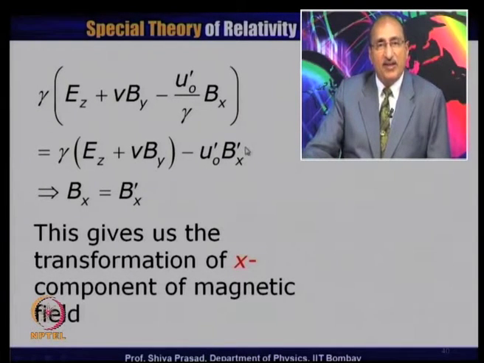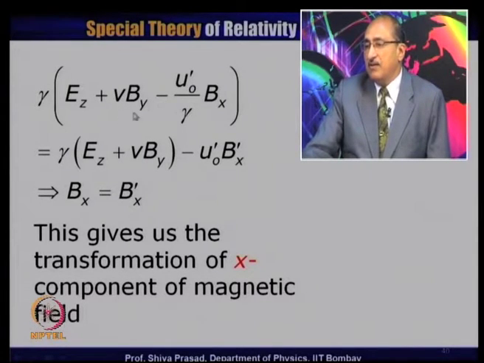Now, if you can see very clearly, this gamma Ez will cancel out with this gamma Ez. There is a gamma V By which cancels out with this gamma V By here. If you look at this term, this gamma will cancel with this gamma. You will have minus U naught prime Bx.